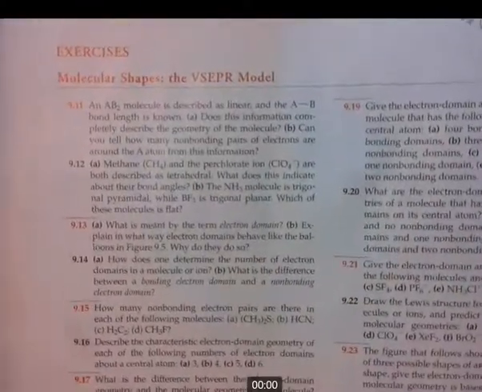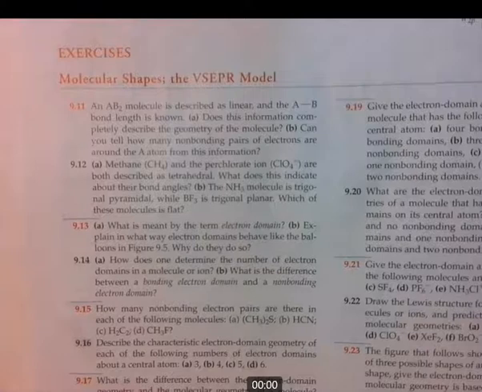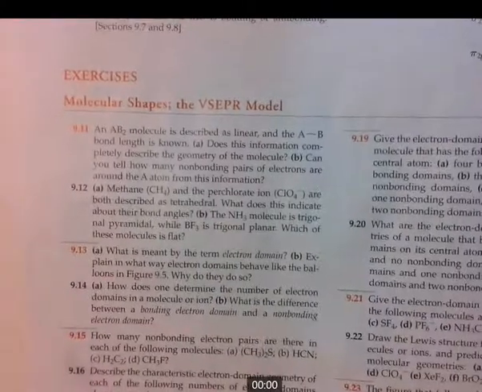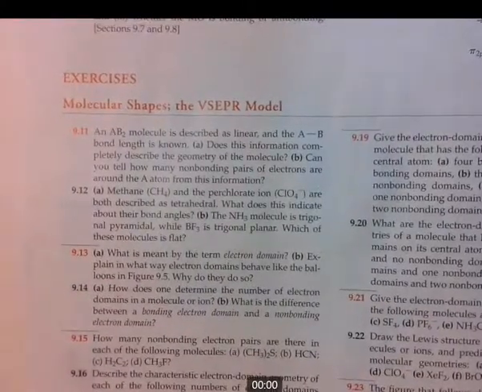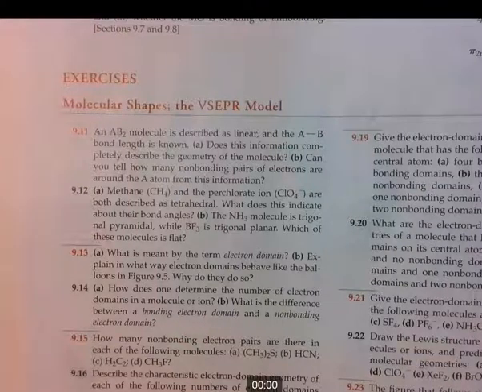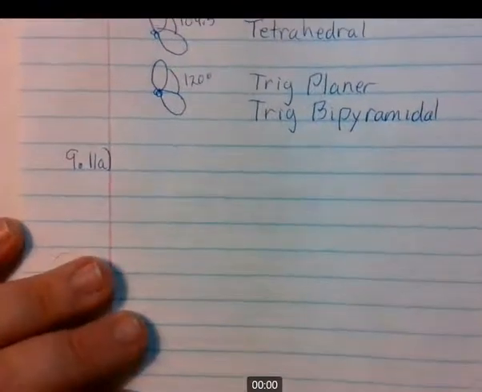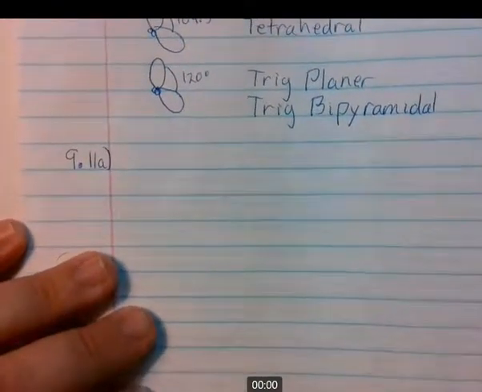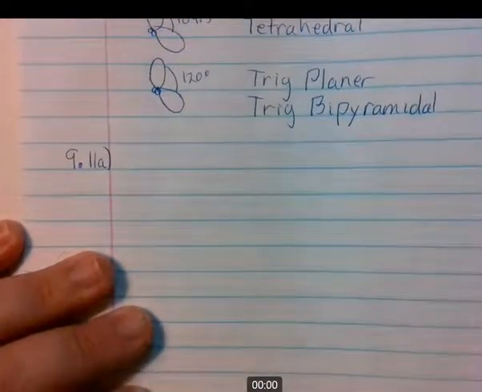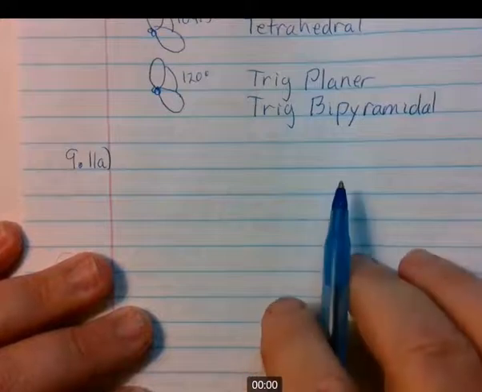or 9.11, and so it says an AB molecule is described as linear and the AB bond length is known. So let's first address this. What does AB mean? In this class, what we've been using is AX notation for the generic formula for a bond.